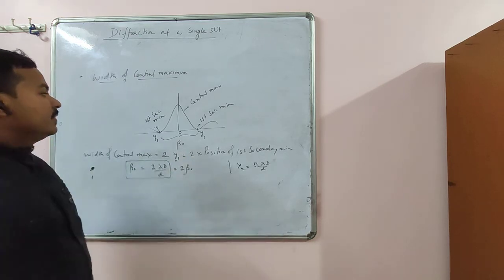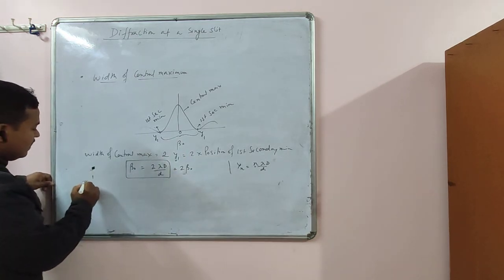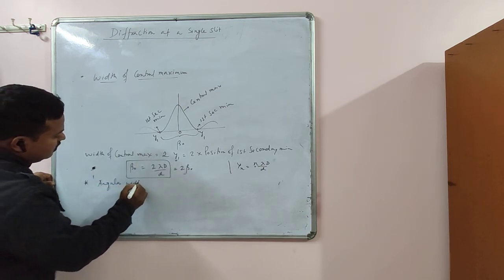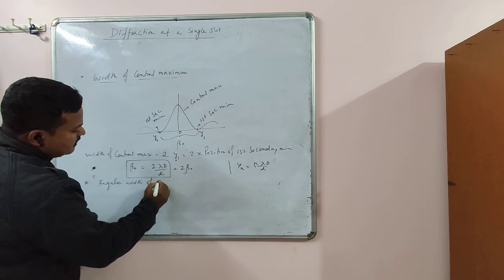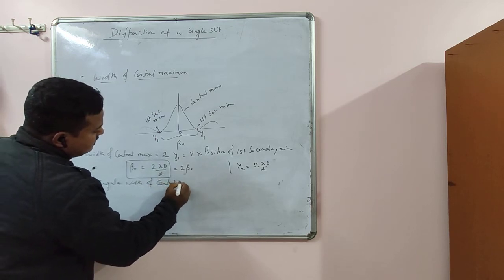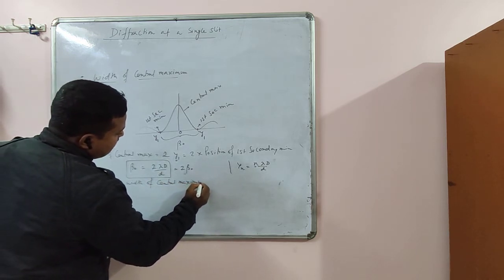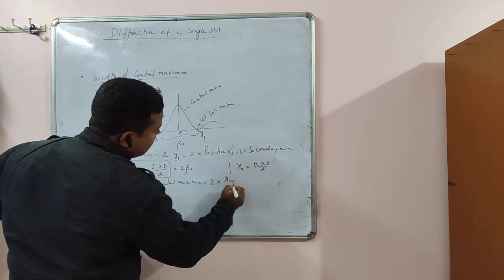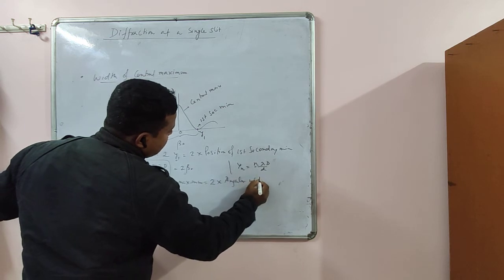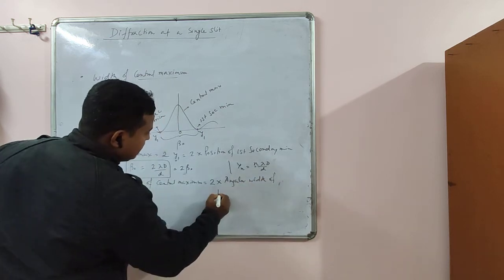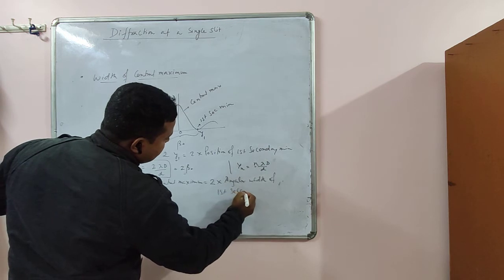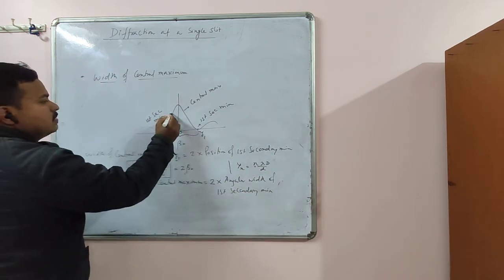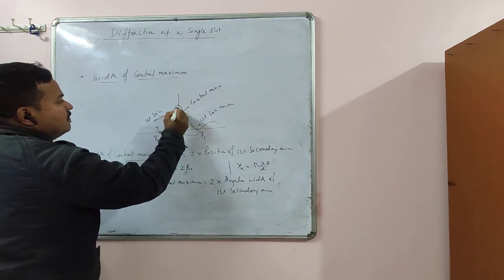Similarly, you can remember that the angular width of the central maximum is equal to twice the angular width of the first secondary minimum. Because this is the central maximum, and this is the first minimum, and this is also the first minimum.